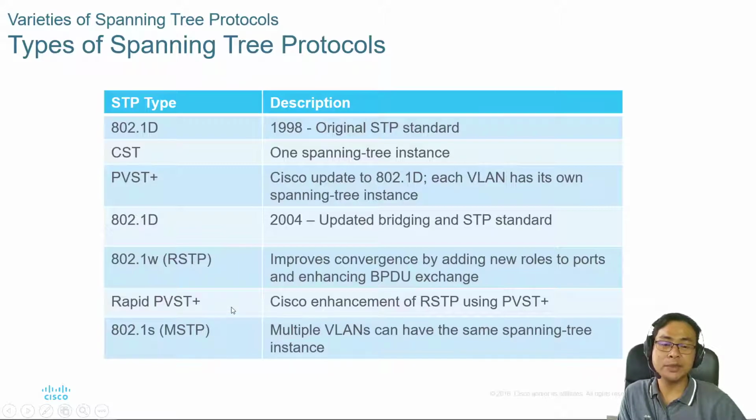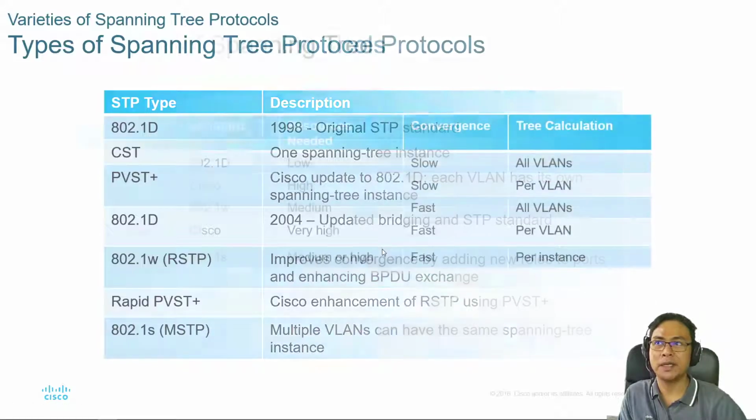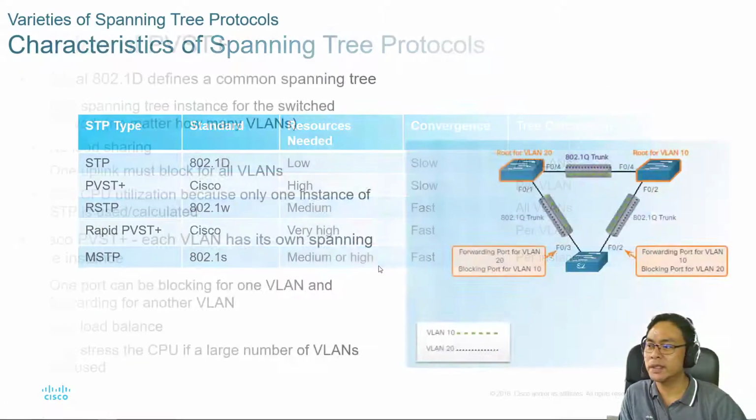Okay, later, don't worry, there's a separate discussion for each of these items. So we have the multiple VLANs, MSTP, na para magkaroon ng kanya-kanyang or multiple VLANs can have the same STP instance, yes, STP instance.